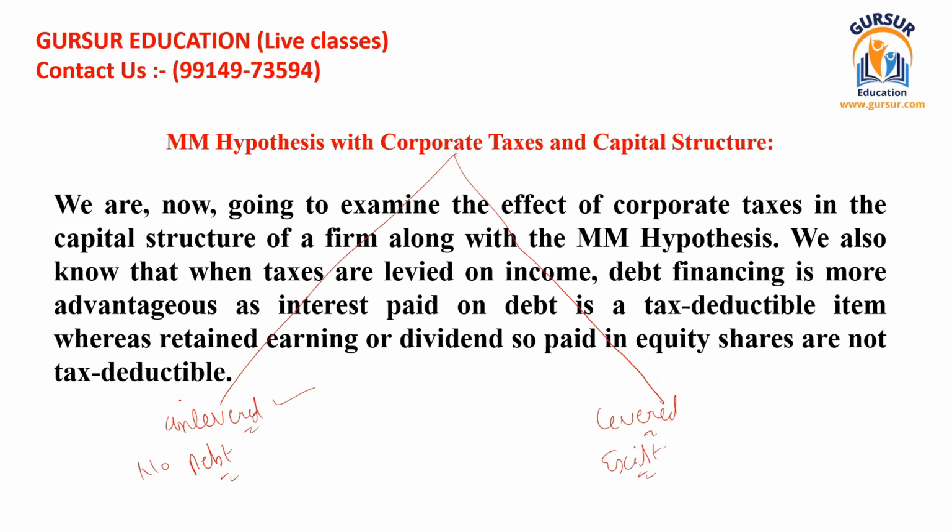If there is an unlevered firm, it is not going to get any kind of benefit. But if it is a levered firm, it is going to get the benefit of the deductibility of interest from EBIT. And if interest is deducted, obviously you have to pay lesser taxes, and then you are in a gaining position. So this is the hypothesis given by M&M.